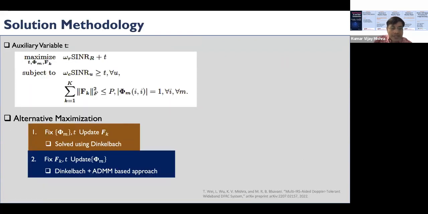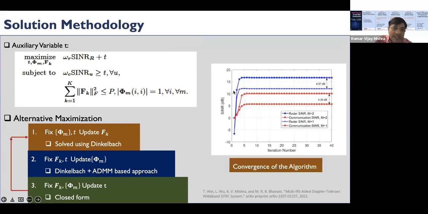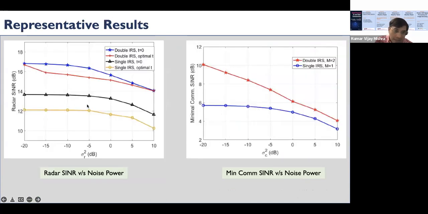Okay, so this is, like I said, we solve it iteratively using ADMM and then the Dinkelbach algorithm. Again, I'll skip the details of this. You can see in our papers, we show the convergence of the algorithm, but a more interesting result is here.